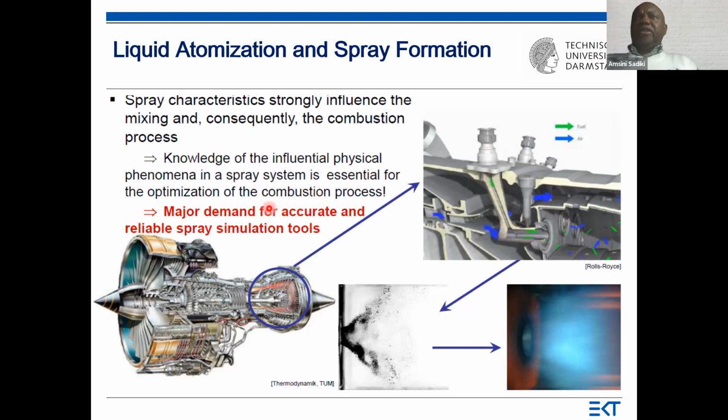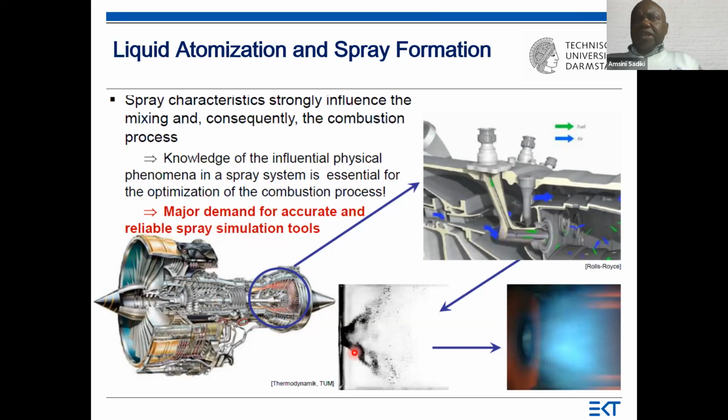This is very important if we want to optimize the combustion process in combustion systems fired by liquid fuels or by solid fuel. We will see this later on where we don't have sprays. So there is then a necessity to get reliable spray simulation tools.